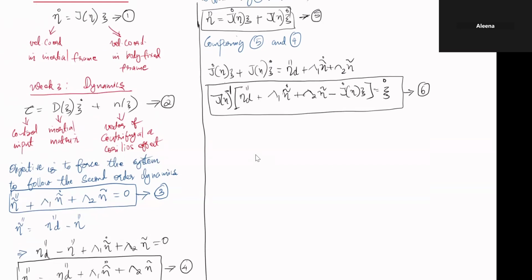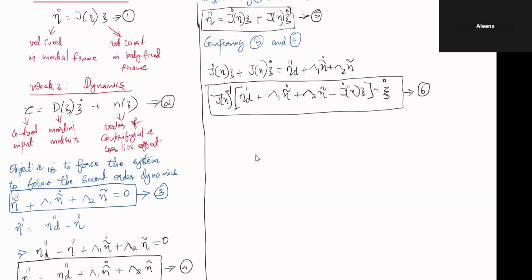Then comparing equation 6 and equation 2, we also have a zeta dot over here. So in place of the zeta dot, I'll find an expression for zeta dot from equation 2 and put that in.